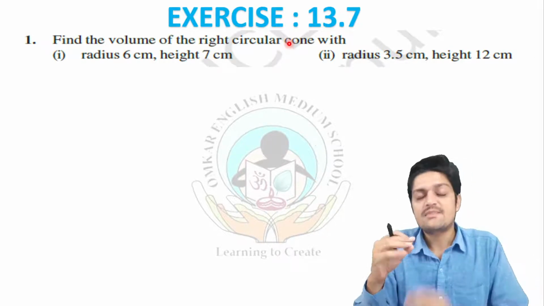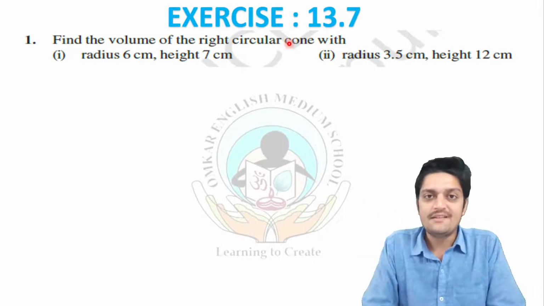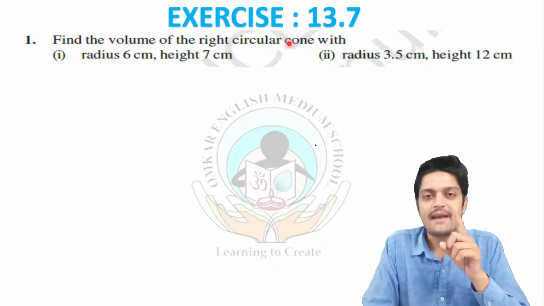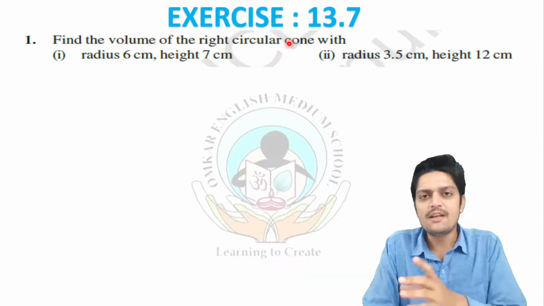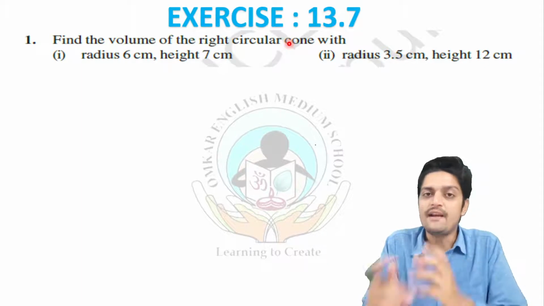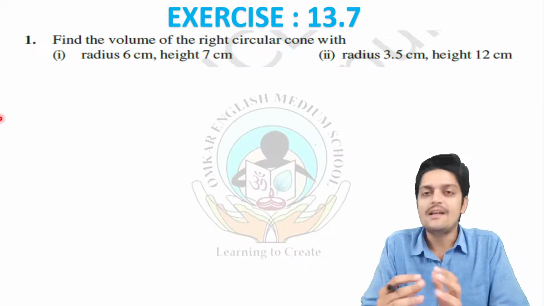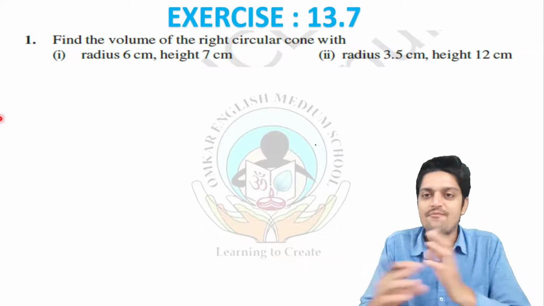Some spark should go off in your mind: 1 by 3 pi r square h. That formula only we have to use in this full exercise.